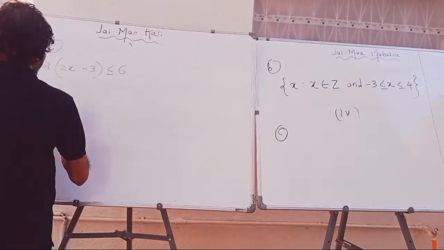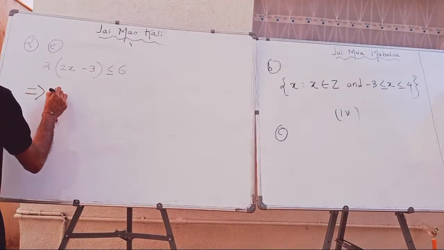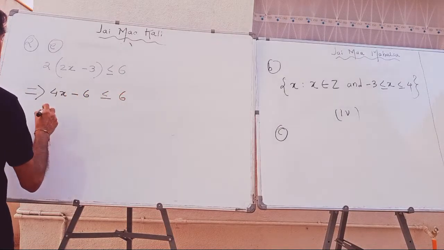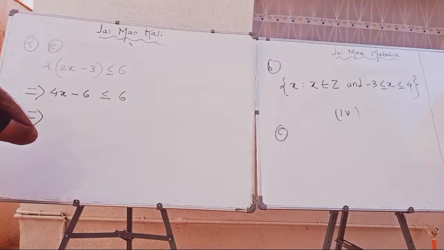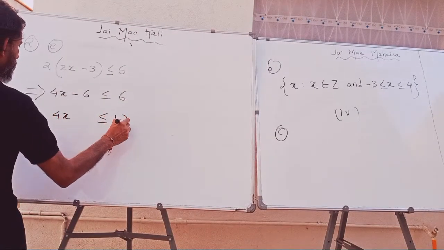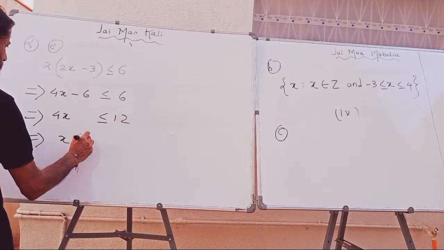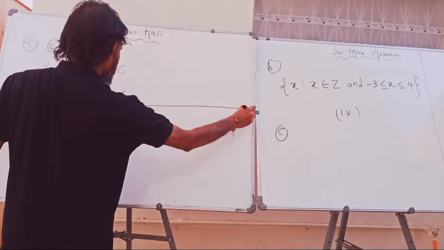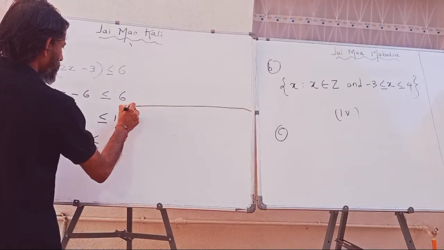Therefore, this implies 4x minus 6 is less than or equal to 6, which implies 4x is less than or equal to 12, so x is less than or equal to 3. If you draw on the number line, x is a real number.